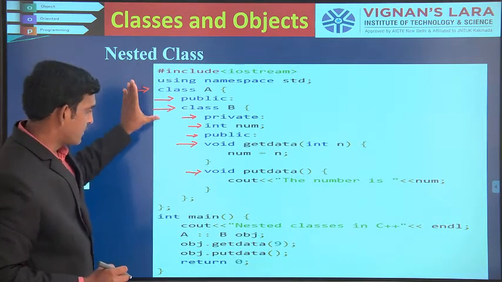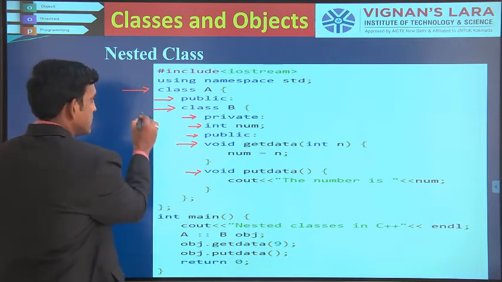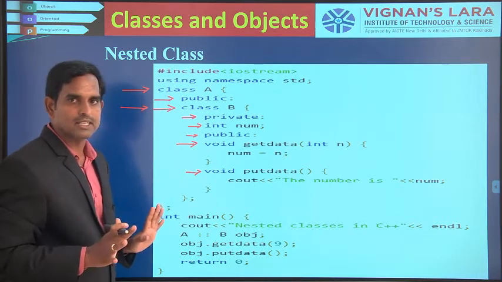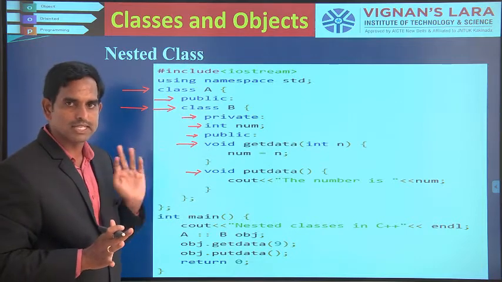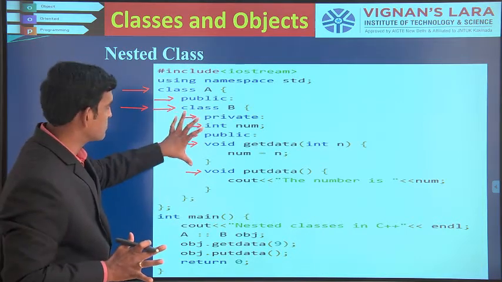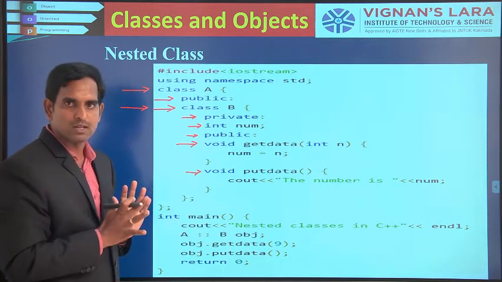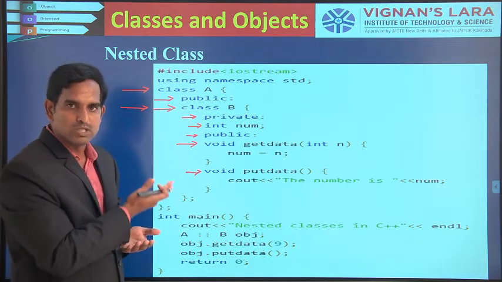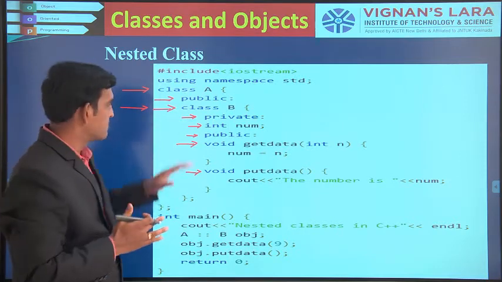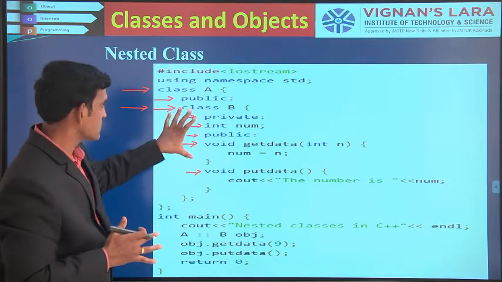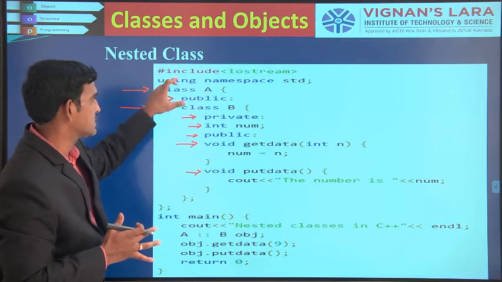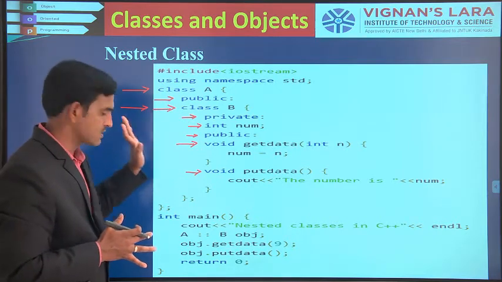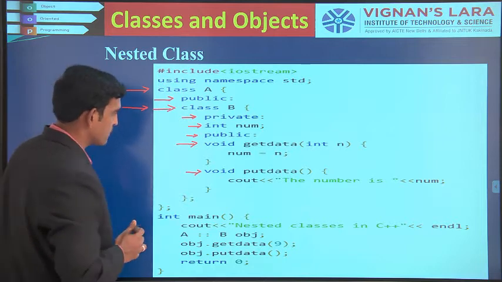Class A doesn't have any other members; it has only one member, class B. Apart from class B, it could have other members also, that is, its own data and its own methods separately, but here it has only class B as the member of class A. This is what we call a nested class. How are you going to write a program for this?